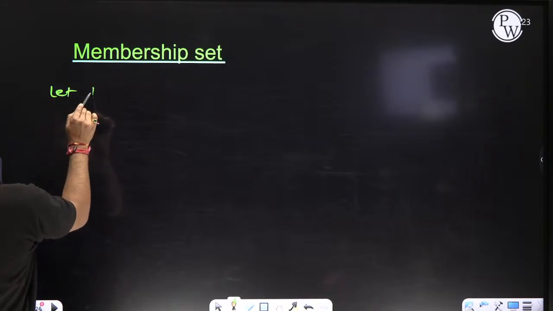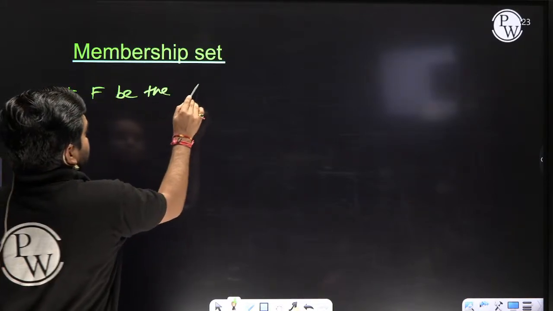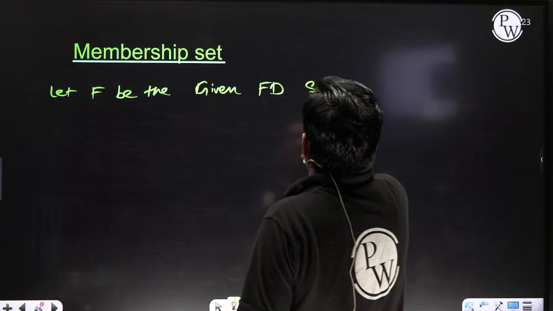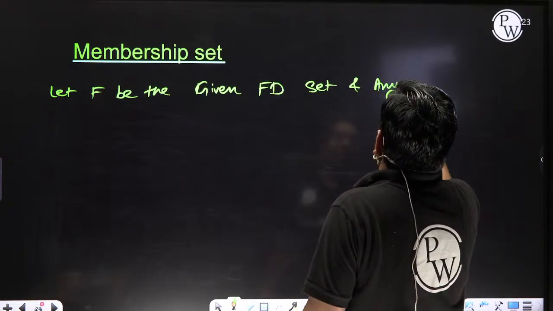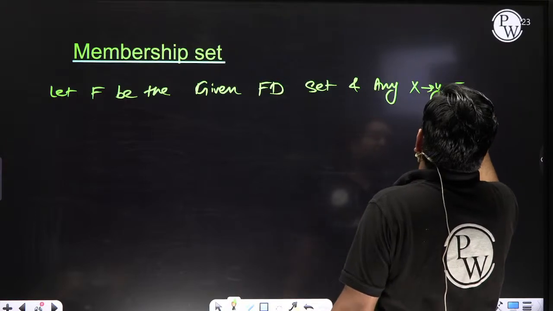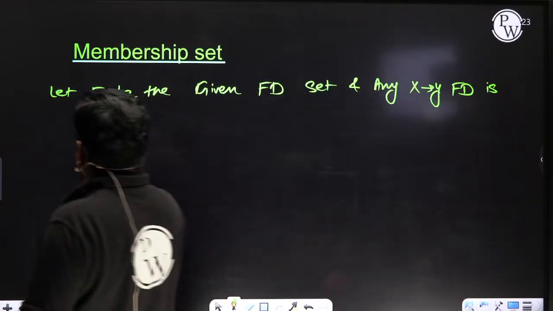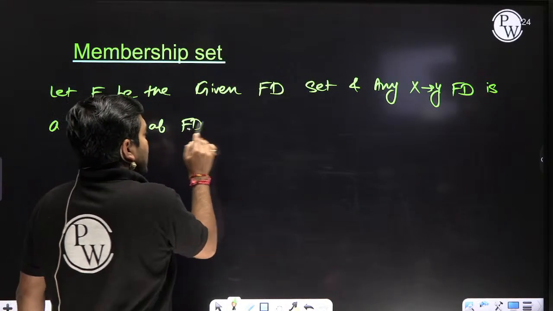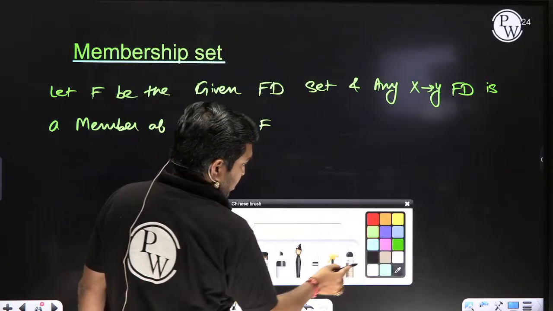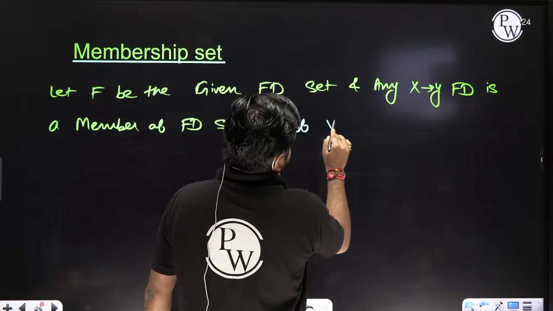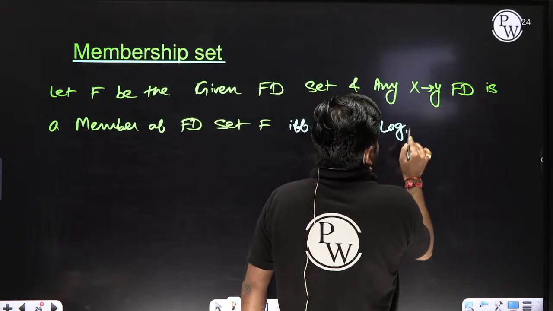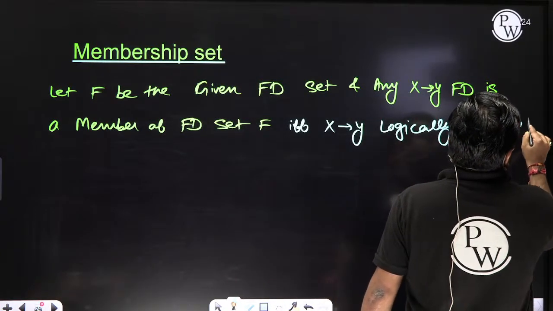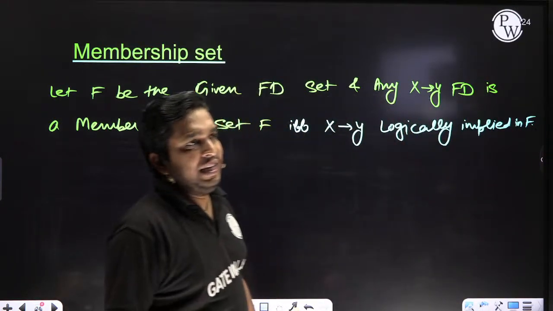Membership set: what is the meaning of membership set? Let F be the given FD set. Are you enjoying, bacha? Any doubt till now? Let F be the given FD set, and any X tends to Y FD is a member of FD set F if and only if X tends to Y is implied by F. Sir, what is the meaning?